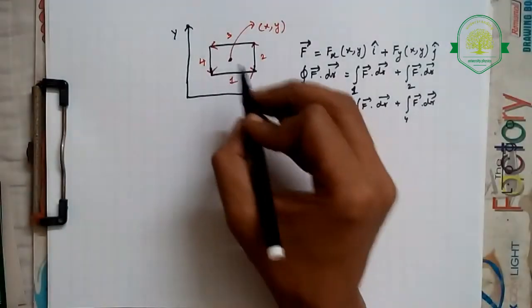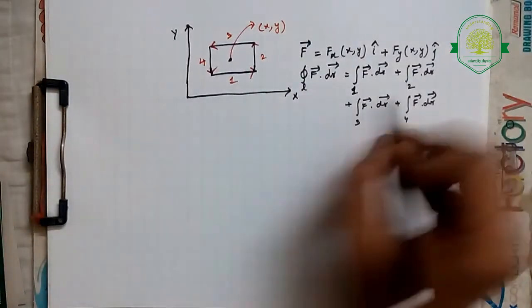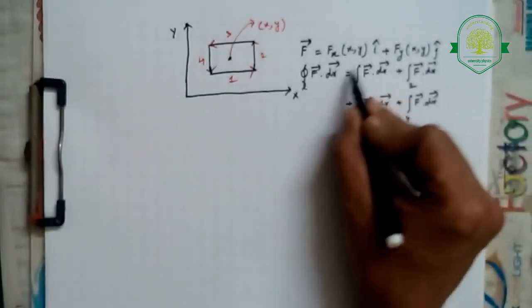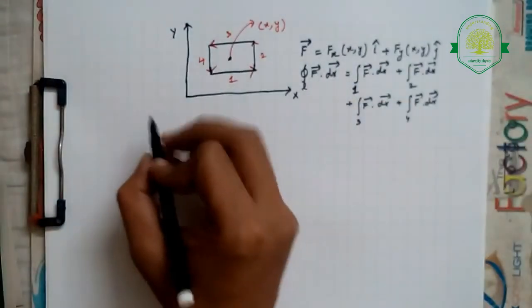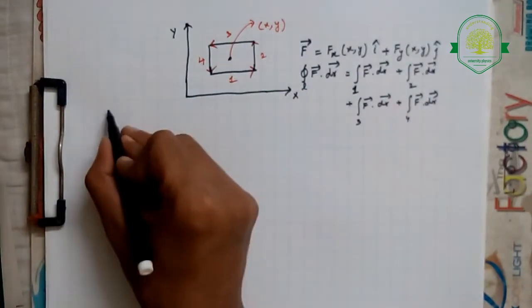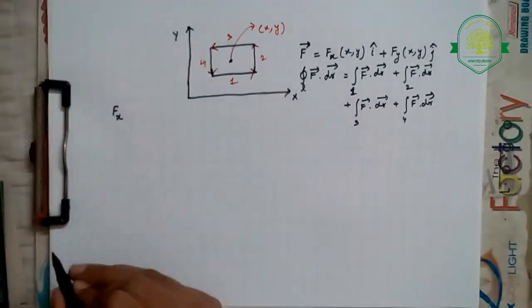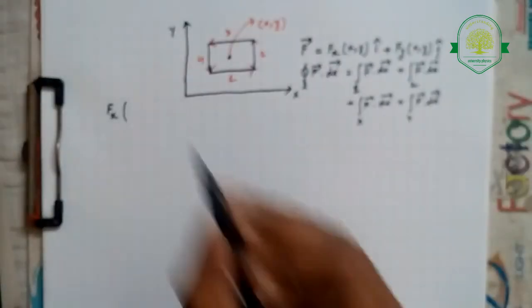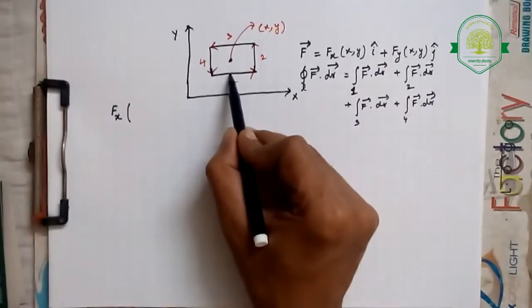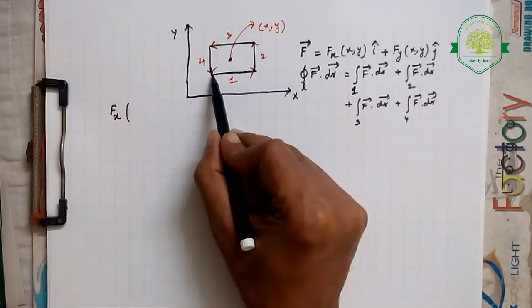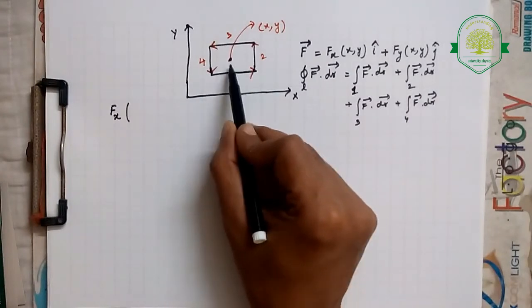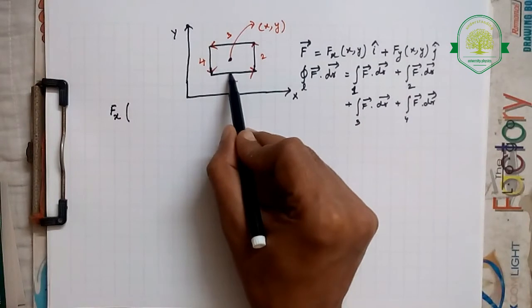So to that end, if we try to find this out, we can say it is just f of x. We are assuming that fx is constant over this entire line, and we are taking that constant to be the value of fx at the center of this line.